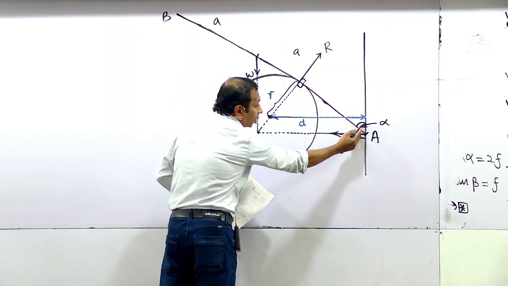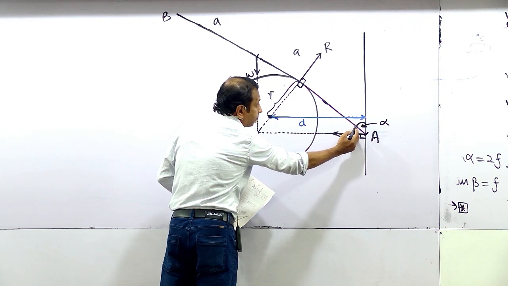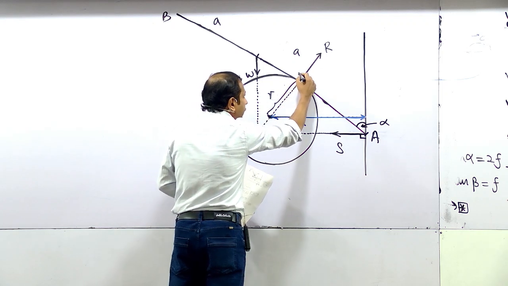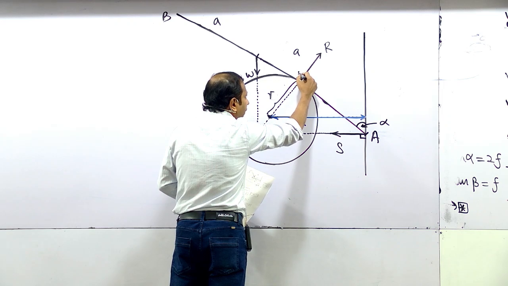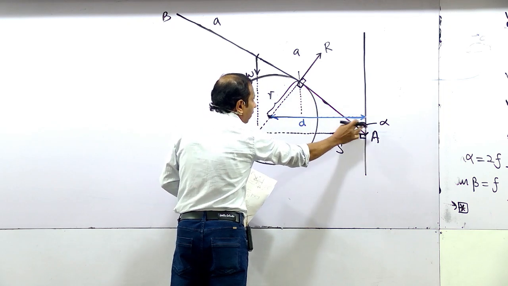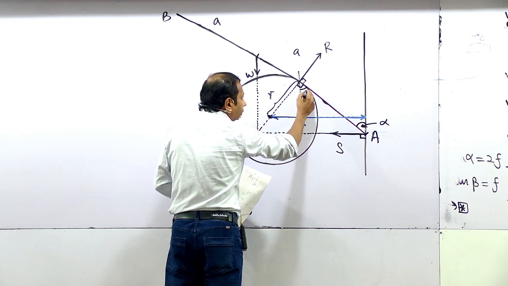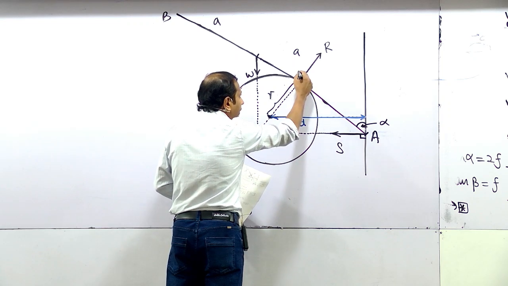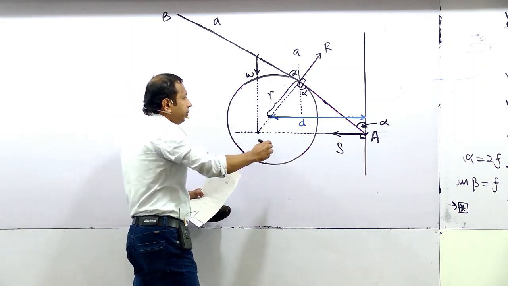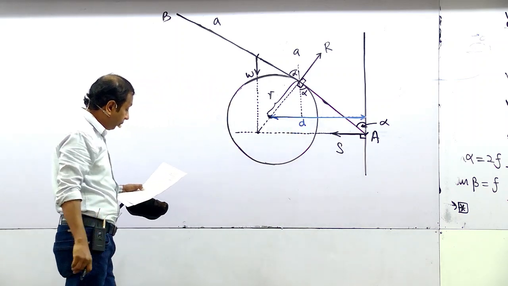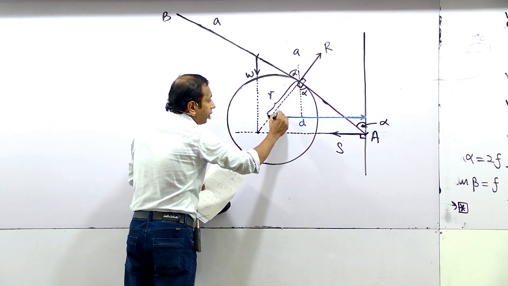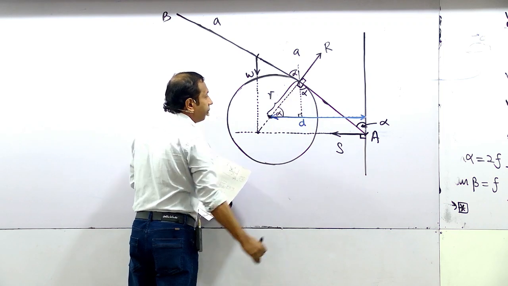People, if this is alpha, then when I draw a vertical line here, if this is alpha, this is also alpha, no? If this is alpha, this angle is also alpha. We need them. And the other one is if this is alpha, this is 90 minus alpha, this also therefore alpha because this is 90, no? Right.